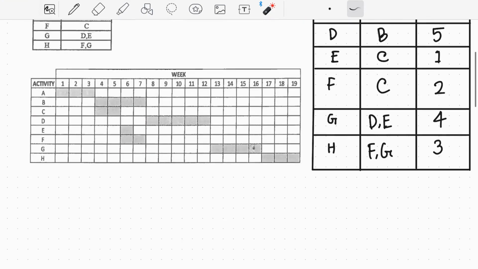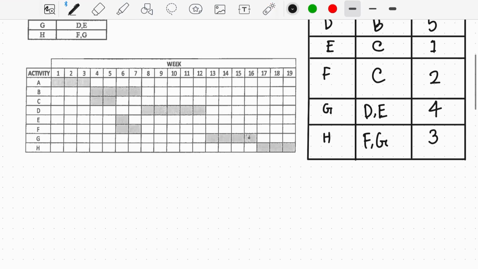I want to show you another example to understand the predecessor. Here I have taken 1, 3, 5, 7, and 9.